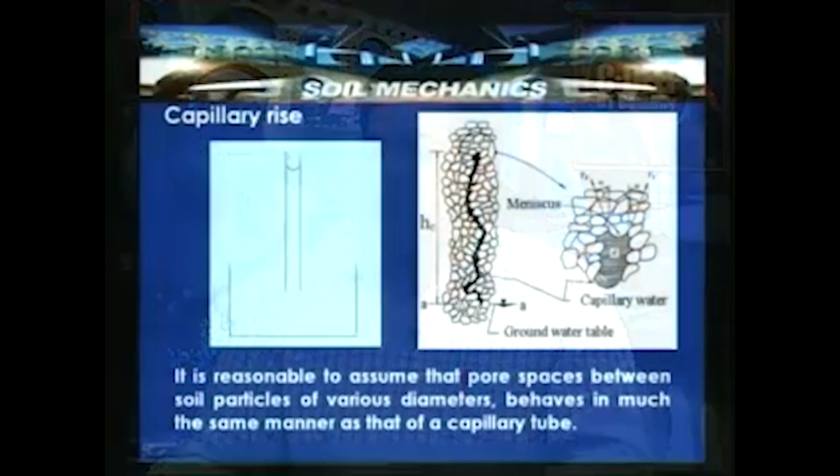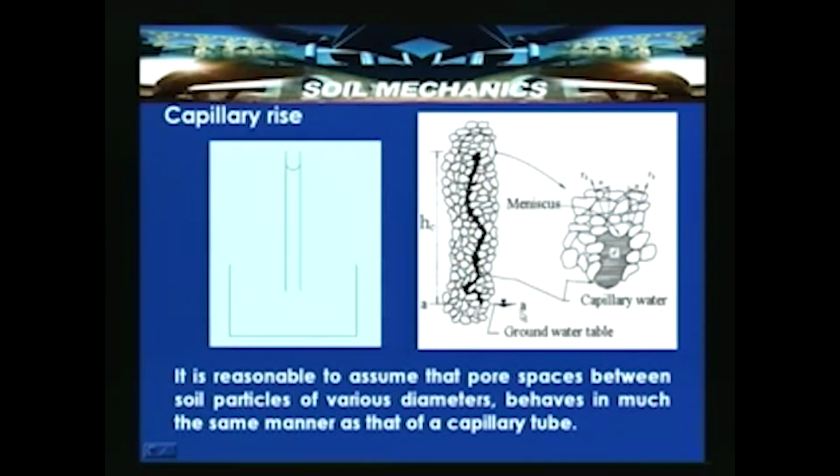So, it is shown here. AA is the level at which the groundwater table exists, that is the free surface where the pressure is zero, and this is the path taken by the capillary rise. HC is the height to which water could rise, depending upon the pore space and the cleanliness of the inner surface of the mineral grains, or the grain wall cleanliness.